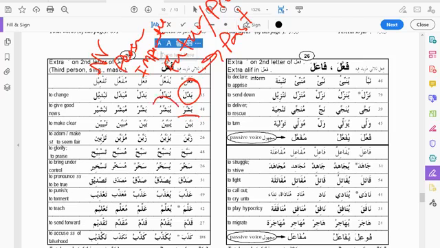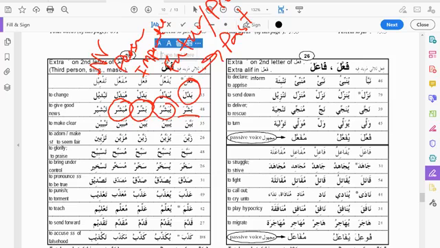Yubashiru is basically bringing glad tidings. So this is talking about the future. Bashir, you're giving an order and telling him bring glad tidings or bring good news. Mubashir is basically the person that is bringing good news and glad tidings.